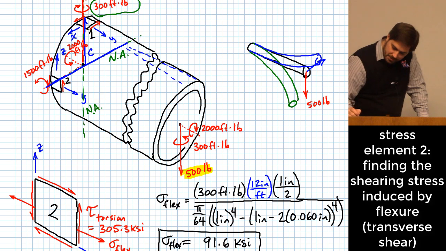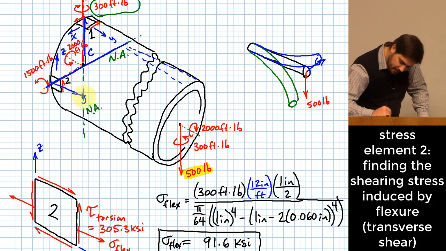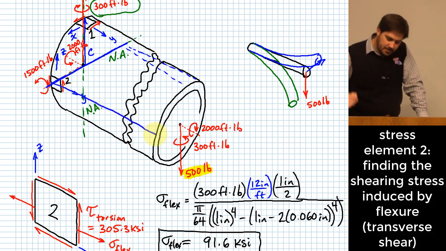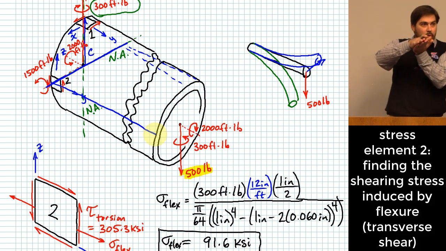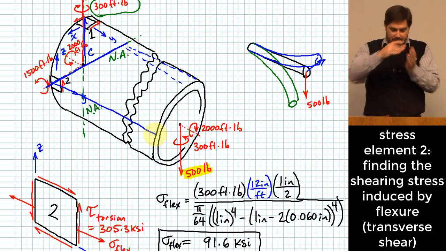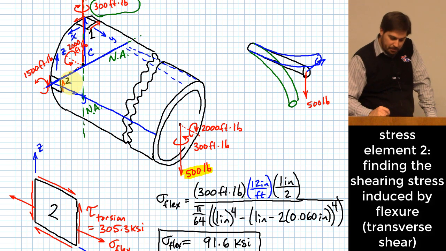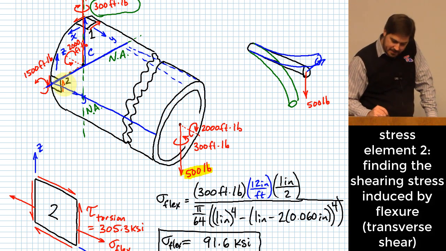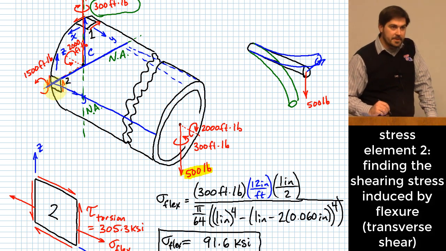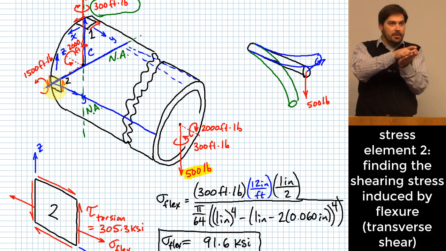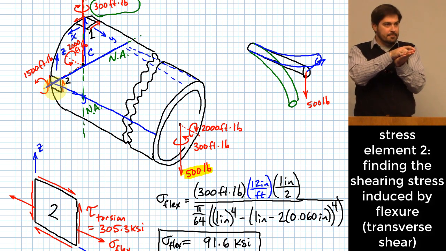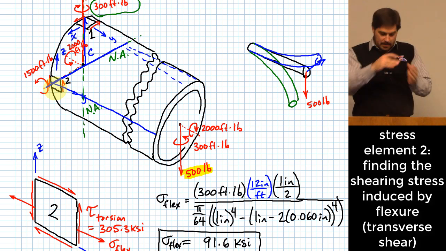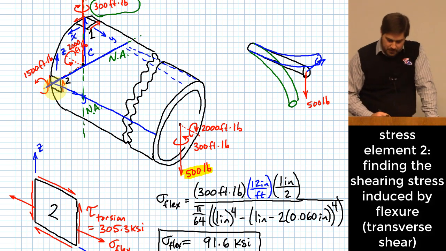Where that is worst is right at the center line of this cross section. That's where the worst case transverse shear occurs, and it just so happens that coincides with patch number 2. This transverse shear effect gets less and less as you move outward away from this location, right? Right at the middle of the cross section is where it's the worst. All right? And so that's what we're needing to do.